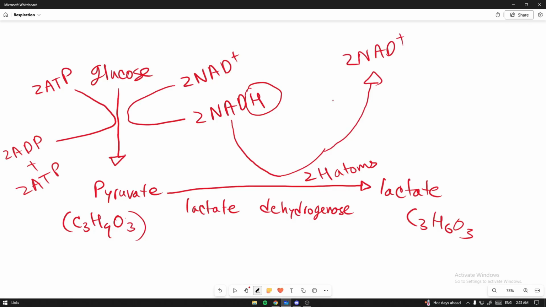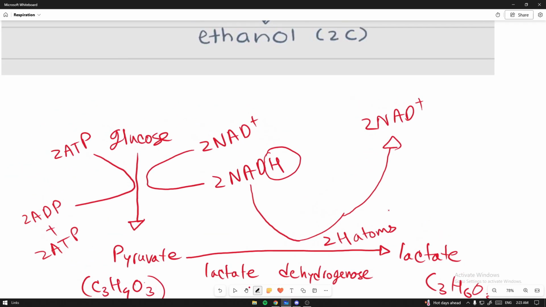These hydrogen atoms are then gained by the pyruvate under the catalyst lactate dehydrogenase, and it produces lactate. All right, this is the lactic acid fermentation.